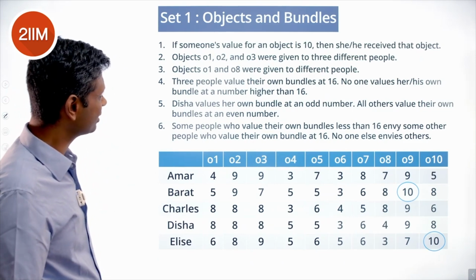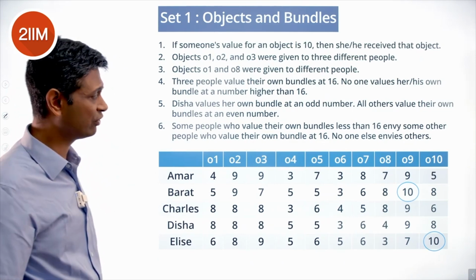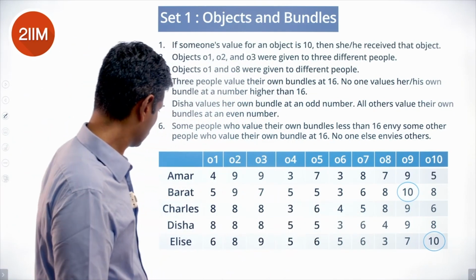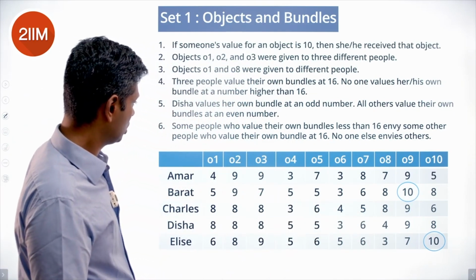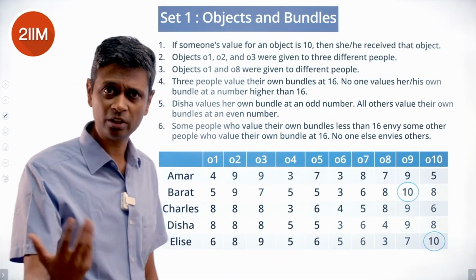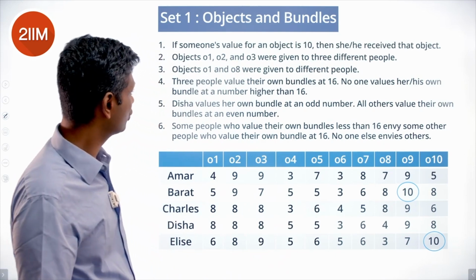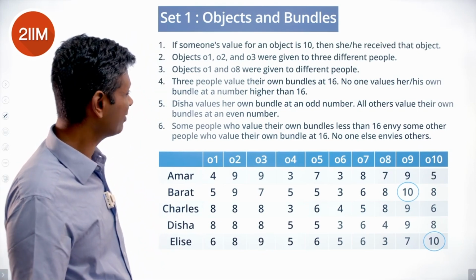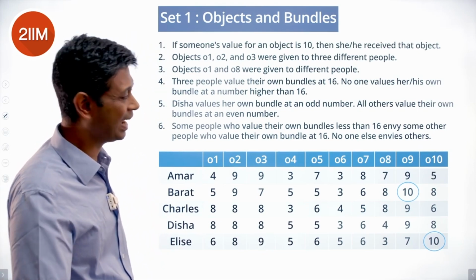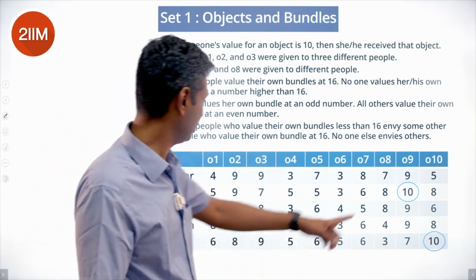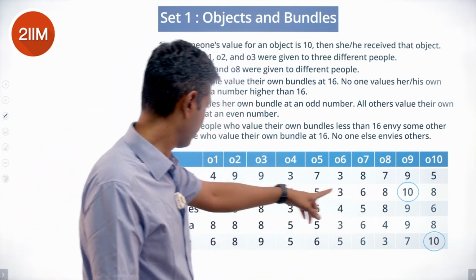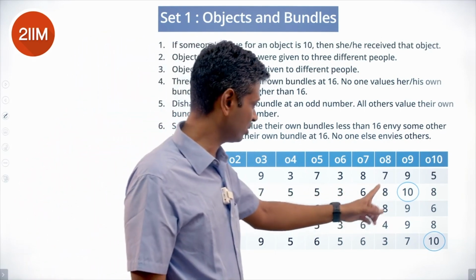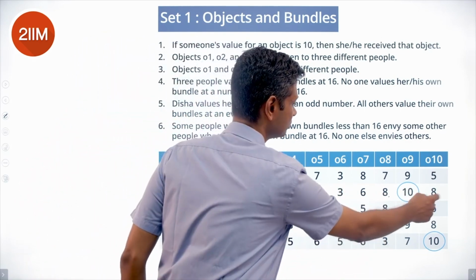Someone's value for an object is 10, then she received that object. Fine, nice. Nobody gets more than 16. 3 people value their own bundles at 16. No one values his own bundle at a number higher than 16. This is 10. Barat should have an even number. It should be 10, 6, 10, 8. So 8 and 8 are out.